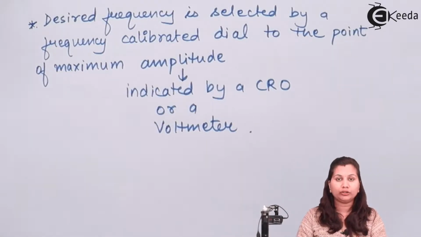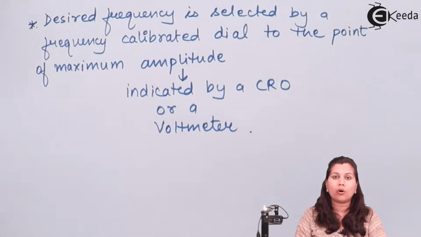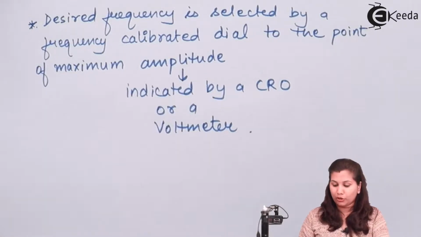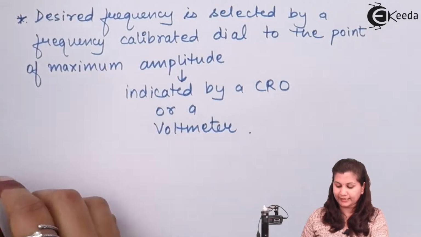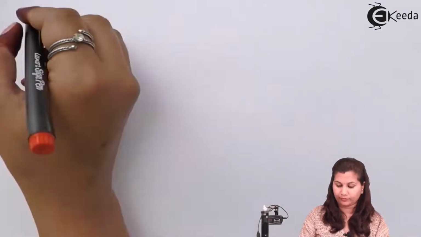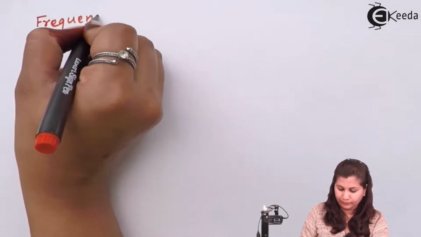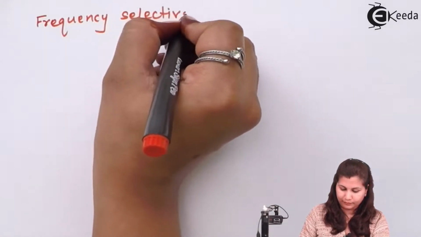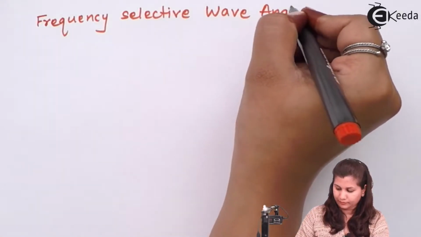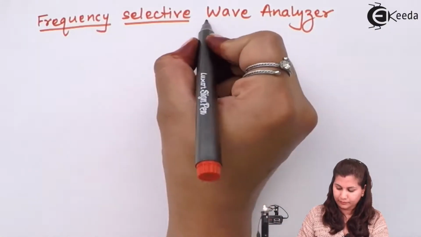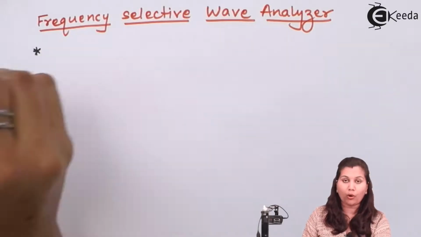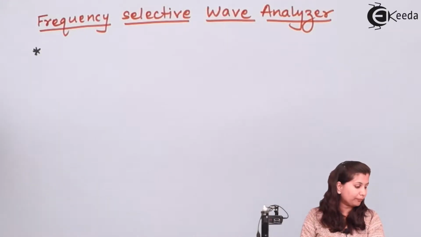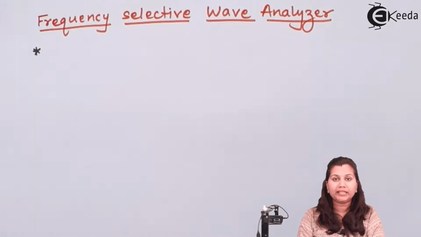The frequency selective wave analyzer works over the audio frequency range, that is from 20 Hz to 20 kilohertz.